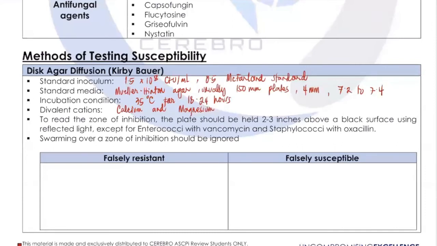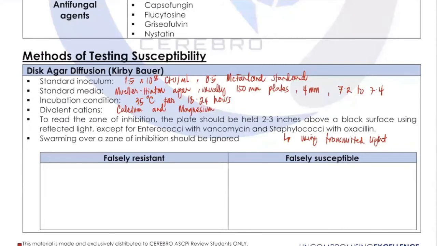Kasi dito sa enterococci that is tested with vancomycin and staphylococci that is tested with oxacillin, yung ginagamit natin dito is the transmitted light. Okay, and if there is swarming over a zone of inhibition, it should be ignored.